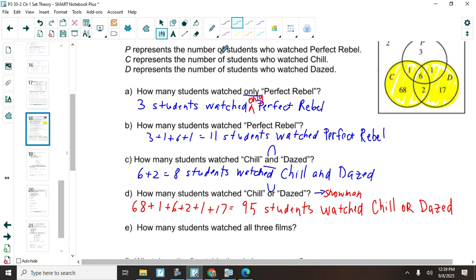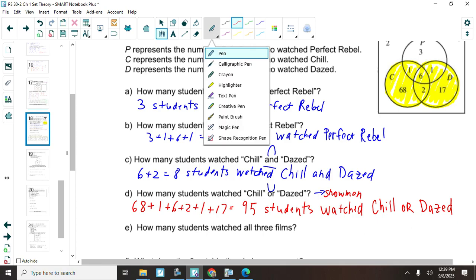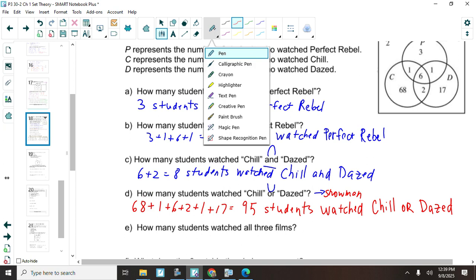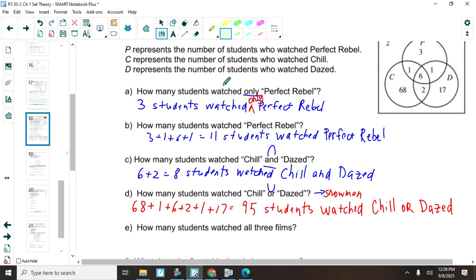How many students watched all 3? This is one of the unique things with a 3-circle Venn diagram. Let's get our highlighter back, right here. This little triangle in the middle, that's our all 3, where all 3 circles intersect.